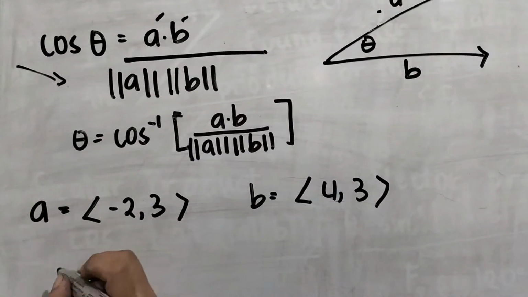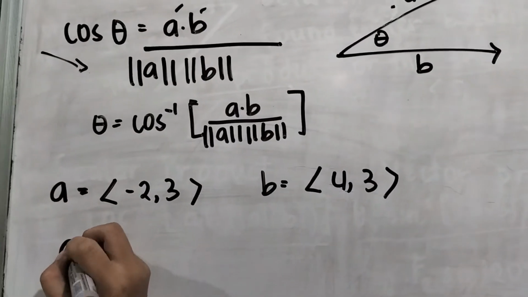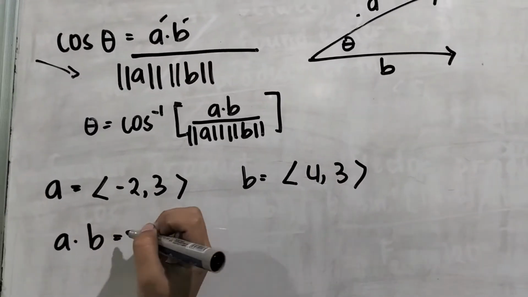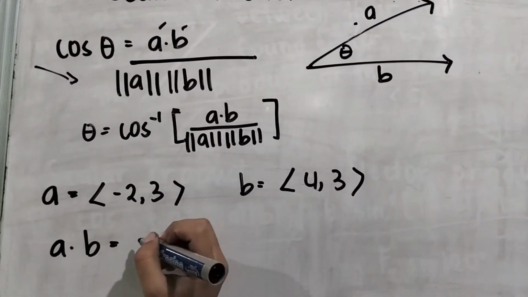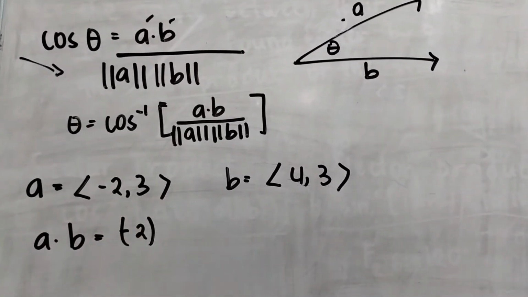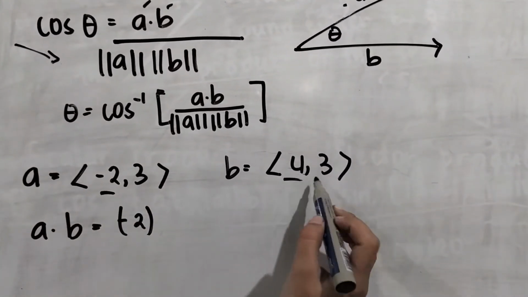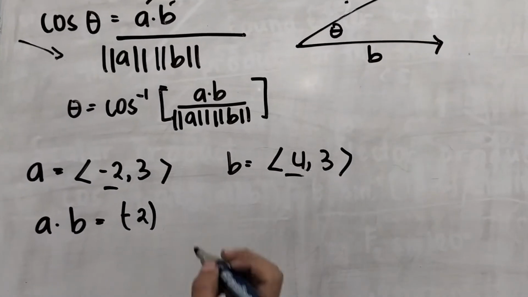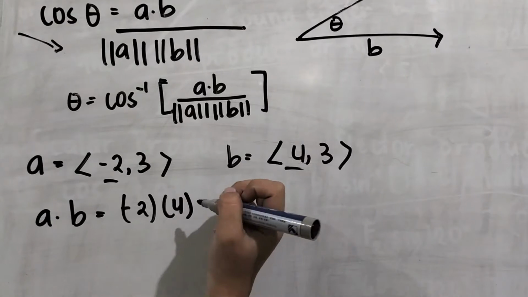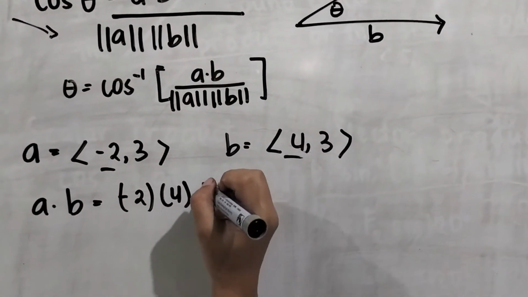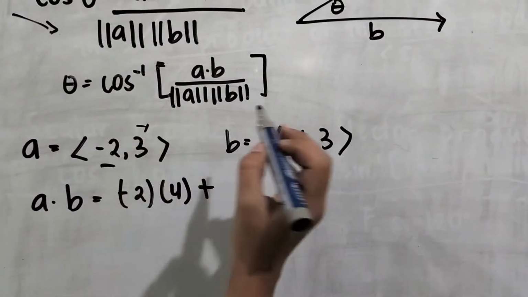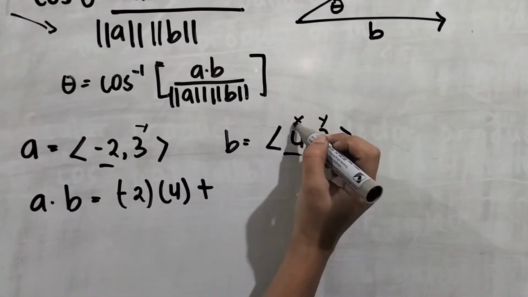The value of A times B, it will be -2. Multiply this x of both sides, which is 2 and 4. It will be like this. Then add the value of y, the y term. Let's mark it as x and y.